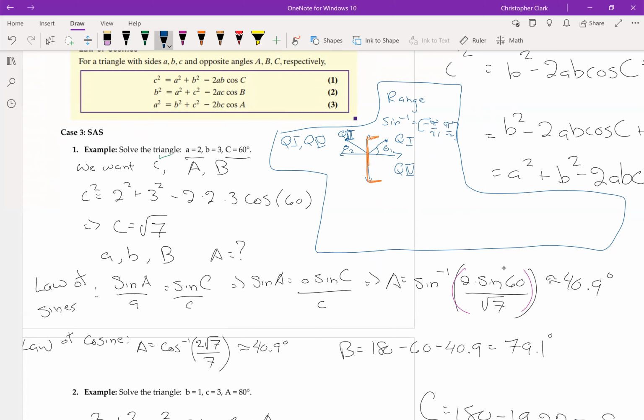In this case, we'll say that theta 2 is 180 minus theta 1, which is approximately 139.1, and that's too big. So 139.1 plus 60 is greater than 180, so this won't work.